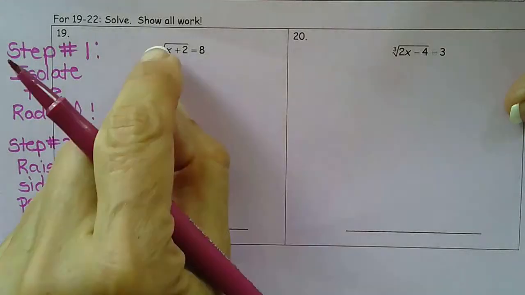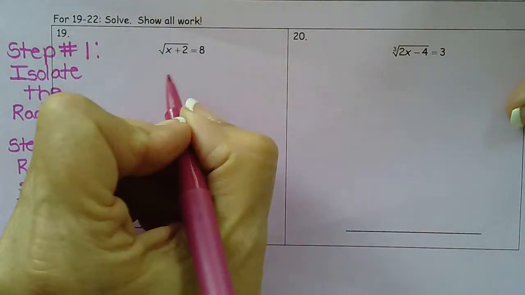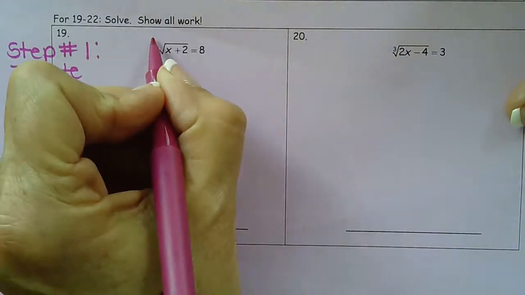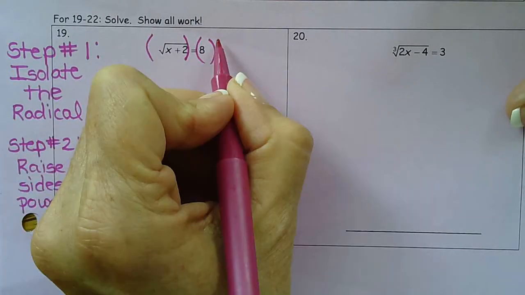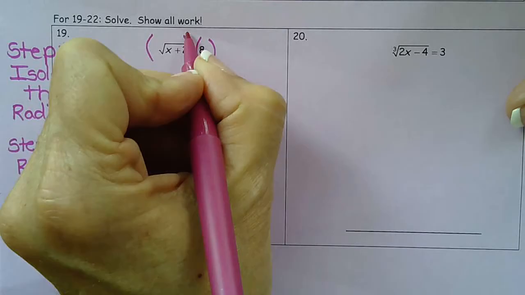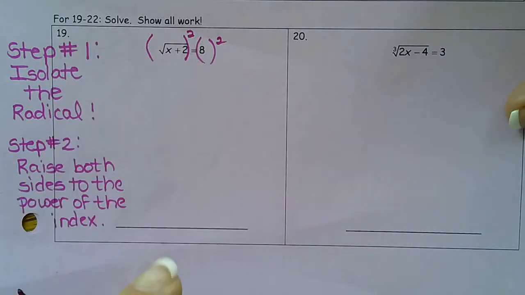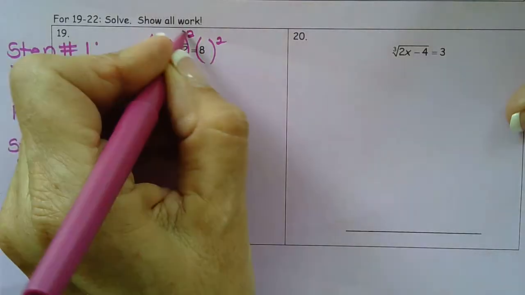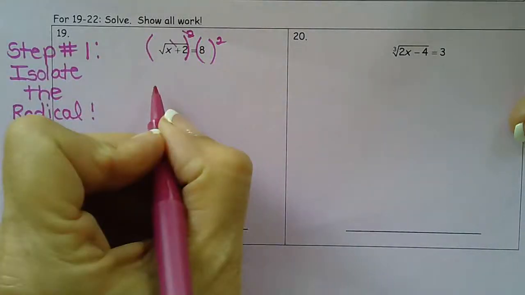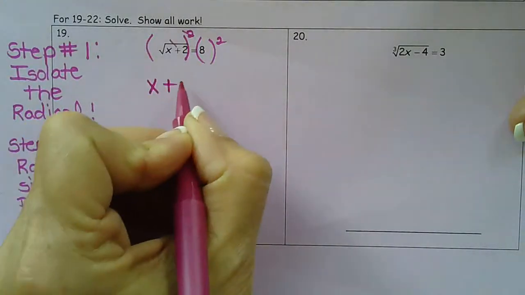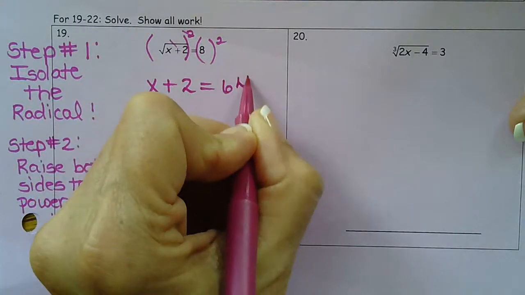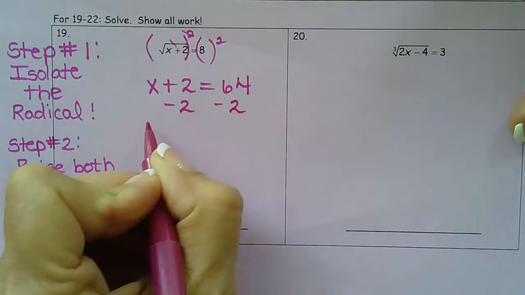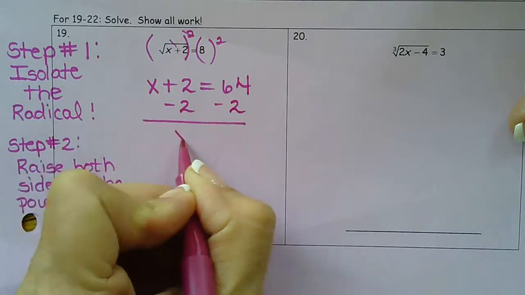It's a 2. Because remember, if it's not there, we can imagine that it's a 2. It's an imaginary one or an assumed one. So then we raise both sides to the second power. And we learned in 6.8, those 2 undo each other. That's the whole reason we do it. And we get x plus 2 equals 64. Simple little algebra problem to solve here, and we get x equals 62.